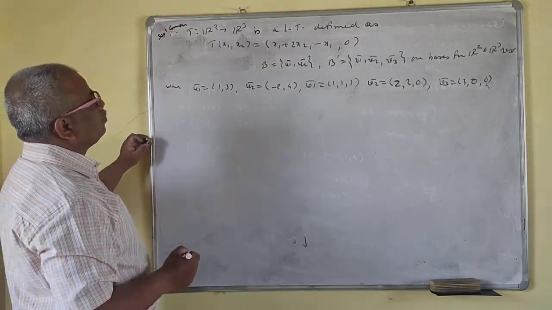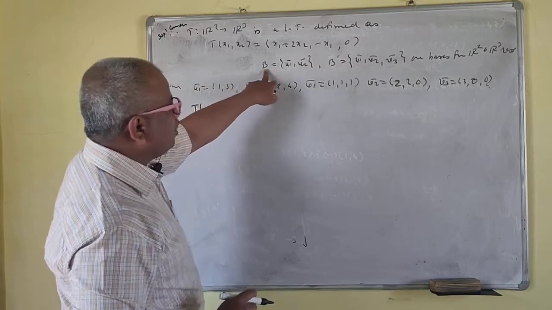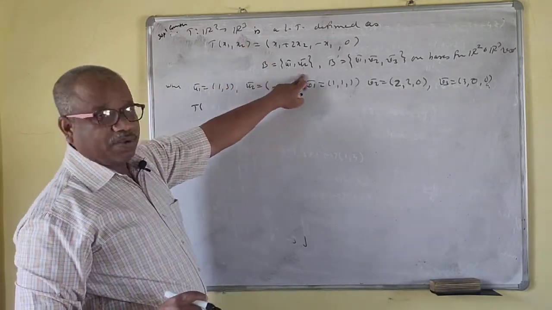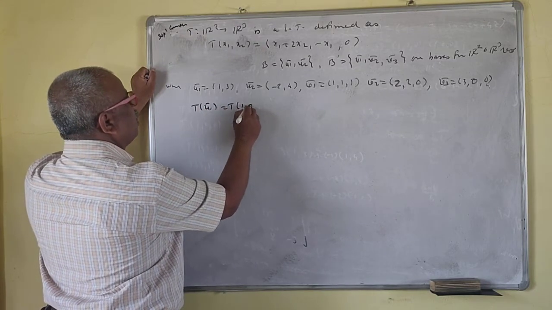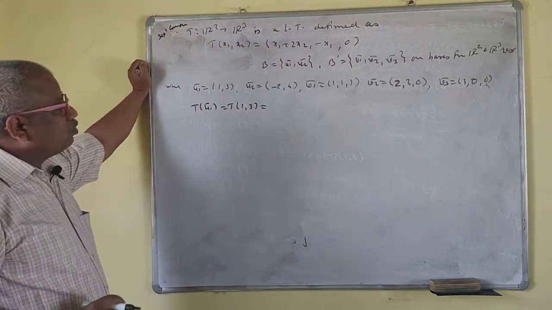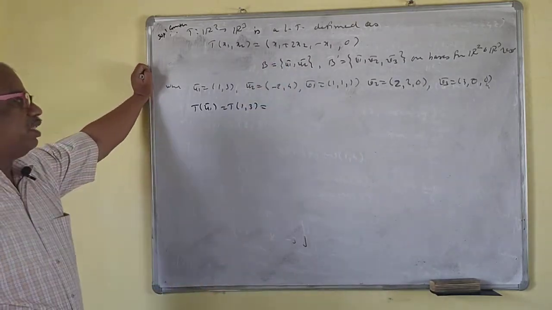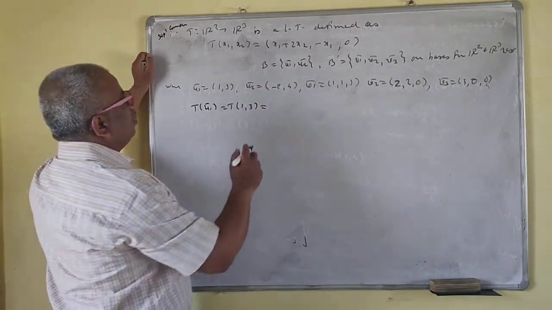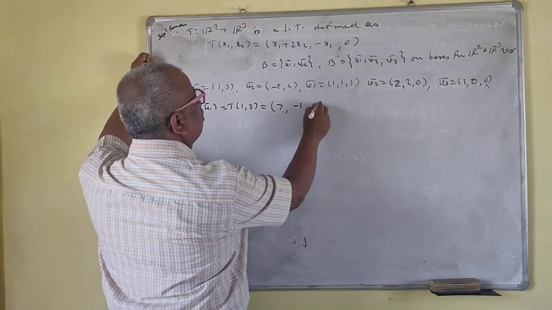Now we'll find T of the basis for R2, which is U1 bar and U2 bar. So T of U1 bar, that is T of (1, 3). You have to put x1 equal to 1 and x2 equal to 3. So this is 6, this is 7, minus 1, 0.